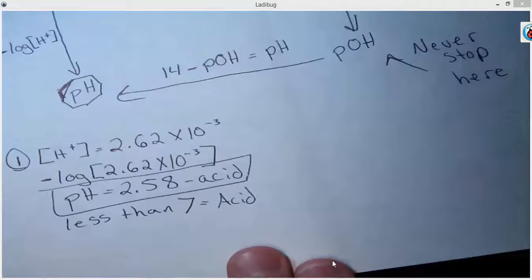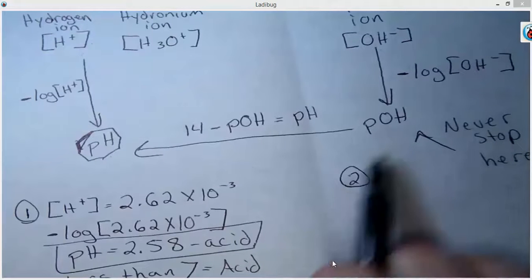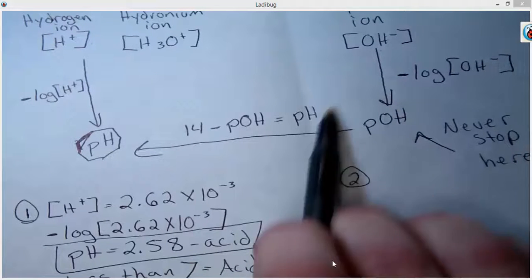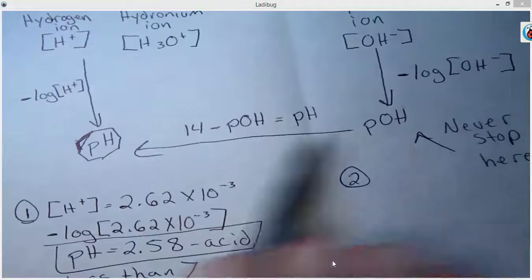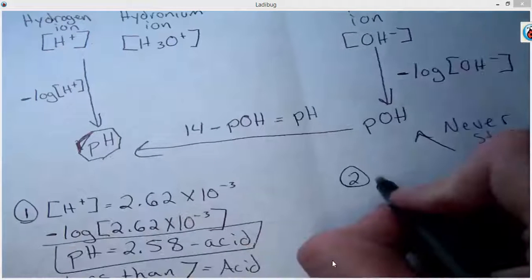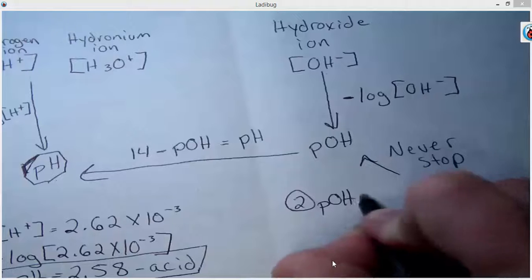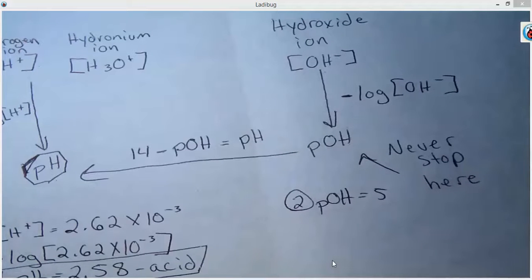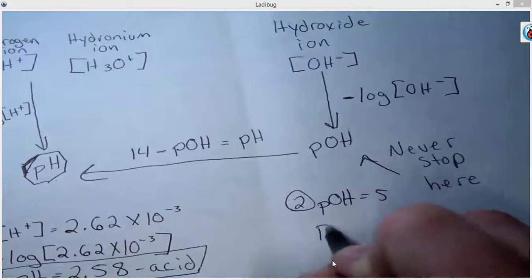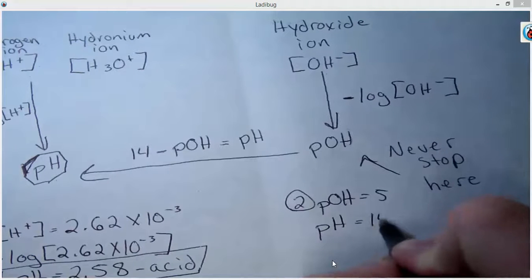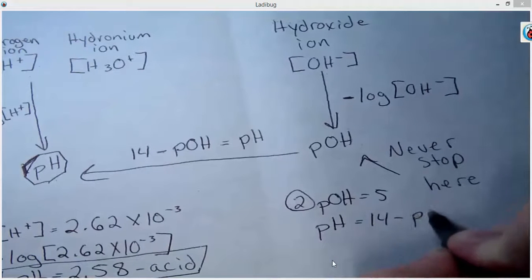So let's do another example. We're going to do one where we're starting here. They give us the pOH, and we forgot the pH. So in this example, our pOH is 5, and we want to get to pH. Remember, to get to pH, you take 14 and subtract the pOH.